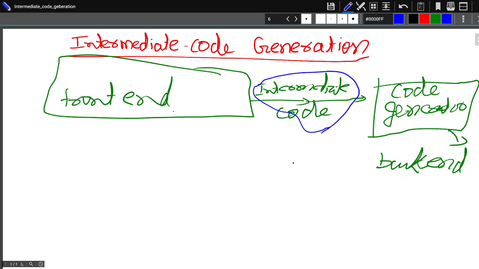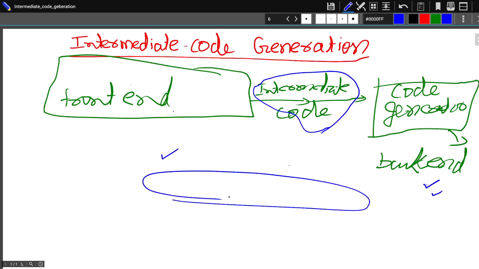Now the front end is independent of machine, however the back end is dependent on machine. What can we do if we do not have this analysis synthesis model? In that case we will have just one full procedure which takes the source code and generates the target code.